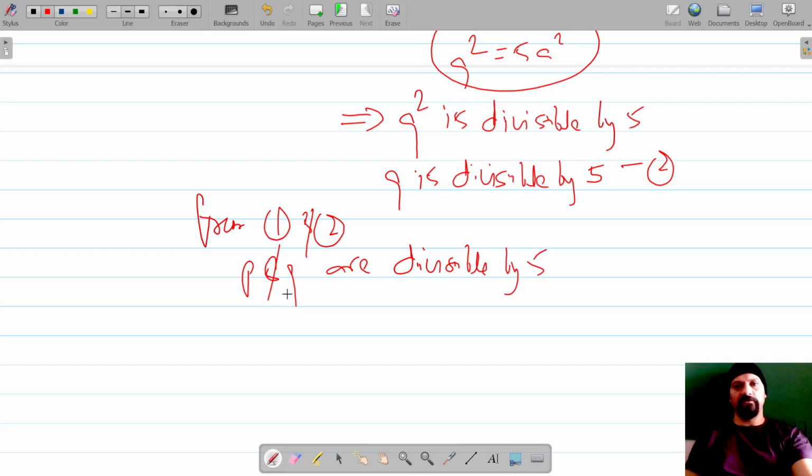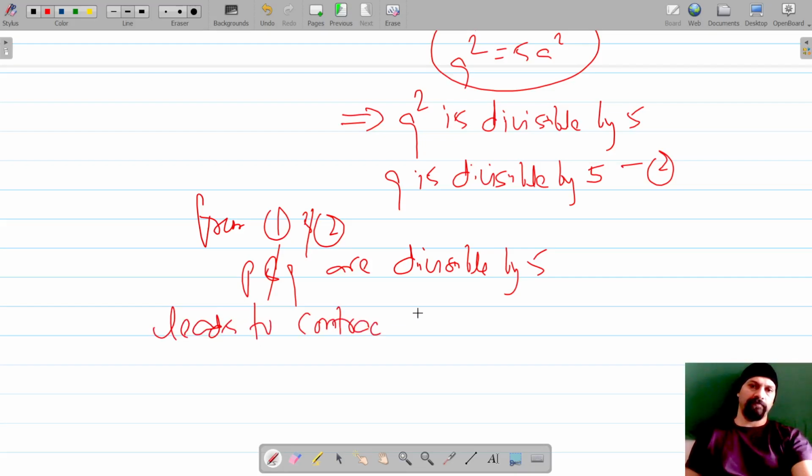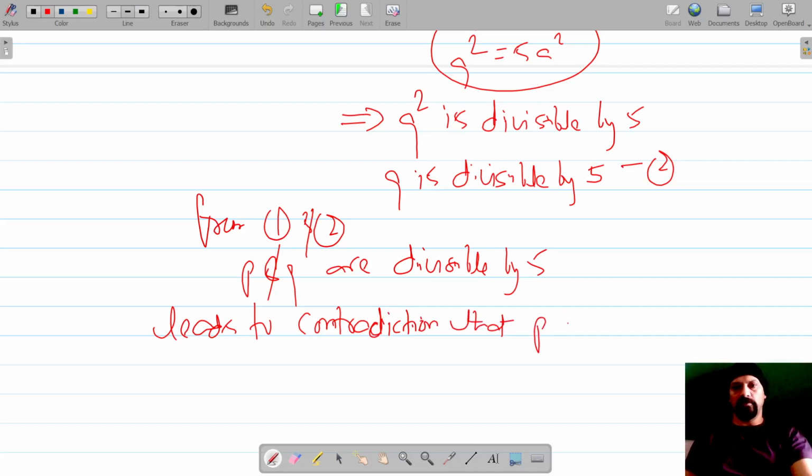So p and q are divisible by 5, but p and q were co-primes. So 1 and 2 lead to a contradiction. This leads to a contradiction that p and q are co-primes.